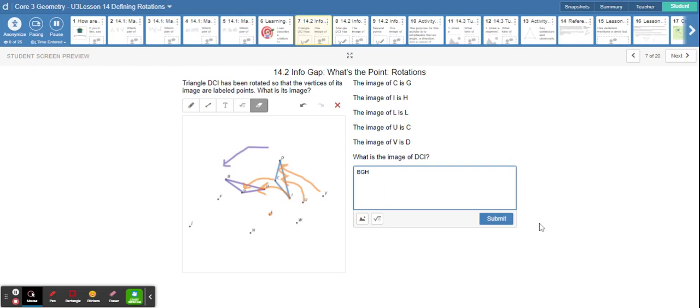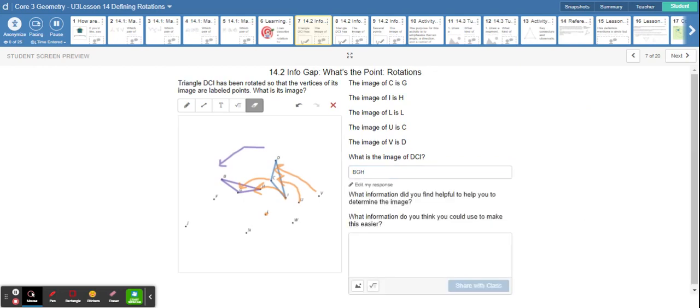Then it's going to ask me what information I found helpful to help me determine the image, and what information I think could make it easier. That wasn't super easy. I had to use a lot of thought process in that. The image of G was helpful, and really that was it, because they told me the direction.